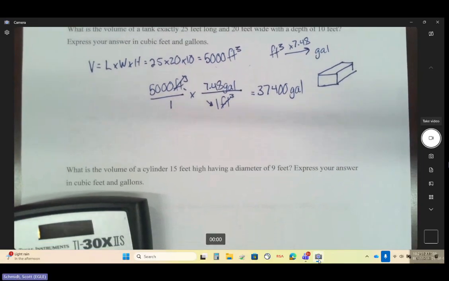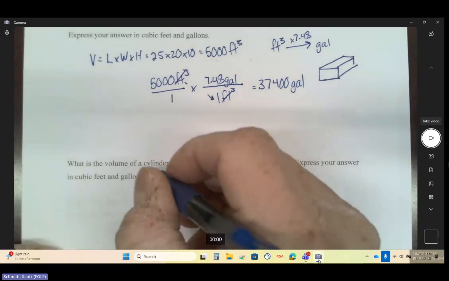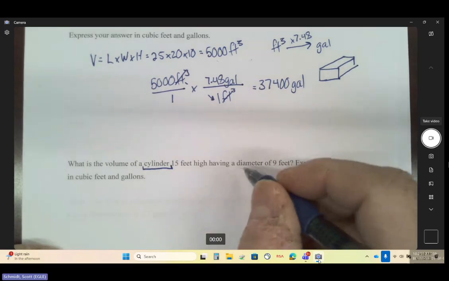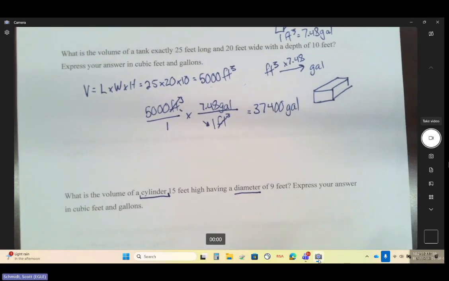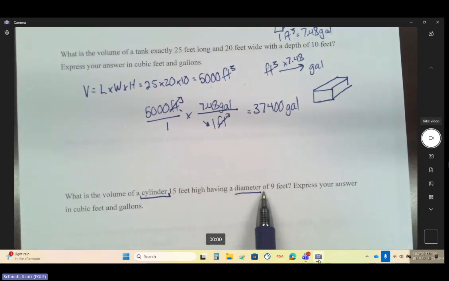The next says the volume of a cylinder that is 15 feet high, having a diameter of 9 feet. Express your answer in cubic feet and in gallons. This told us it was a cylinder, but one way I can tell is that you'll see the word diameter, or you have 2 measurements. Up here we had 3. Cylinders only ever have 2 measurements.